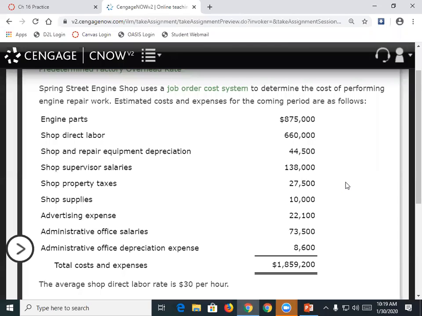So that's 22,000 hours. This one's just a little trickier because they told us to calculate a predetermined overhead rate based on direct labor hours. So when they told us it's based on hours, we had to calculate the actual hours. We took our total labor cost and divided it by the labor rate of $30 per hour.